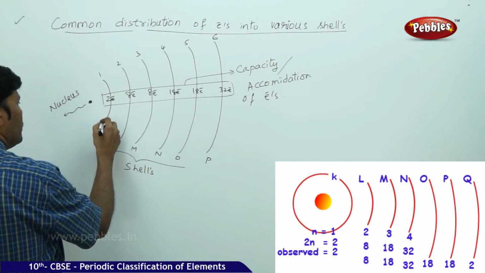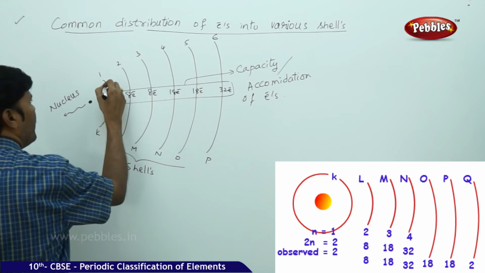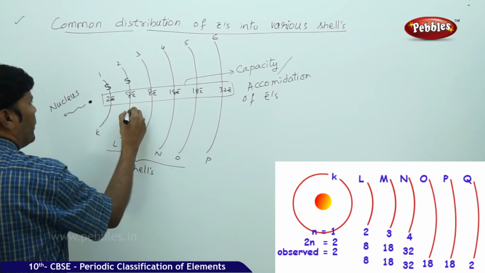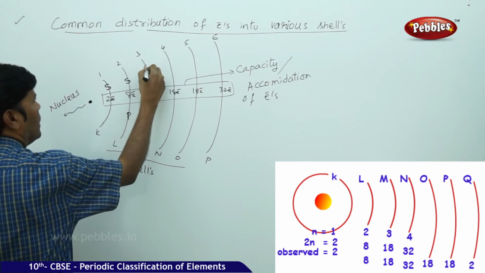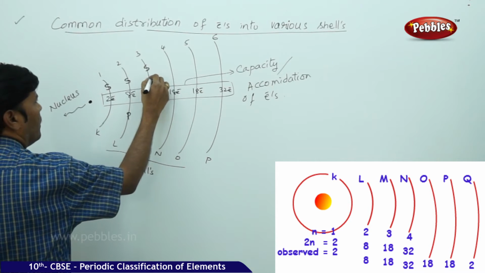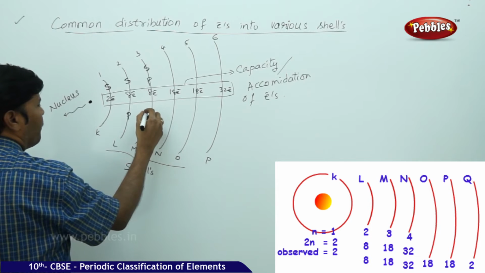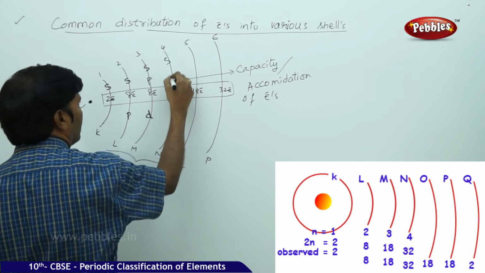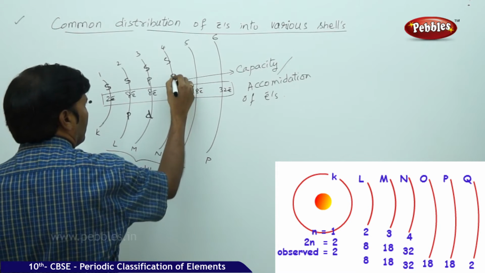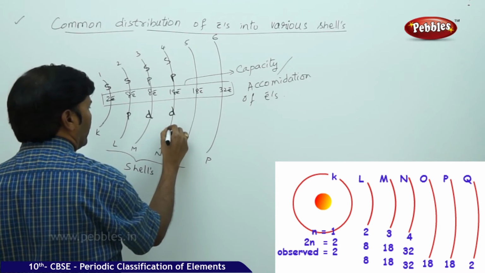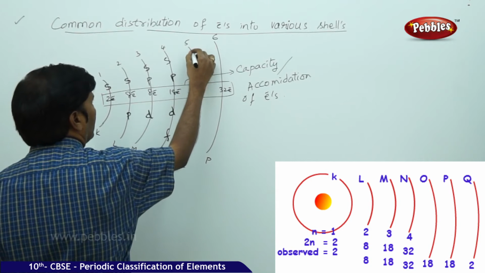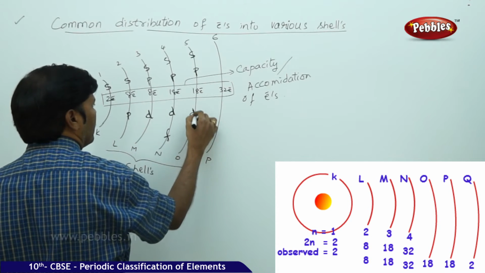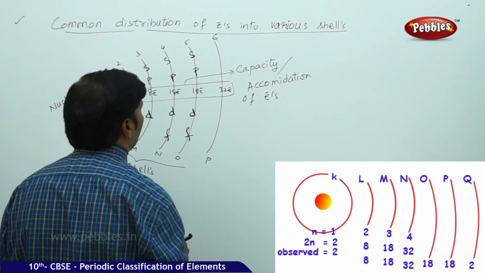Likewise, in the same diagram, we can also introduce orbitals: s orbital, s and p orbitals, s, p and d orbitals, then again s, p, d and f orbitals, and so on.